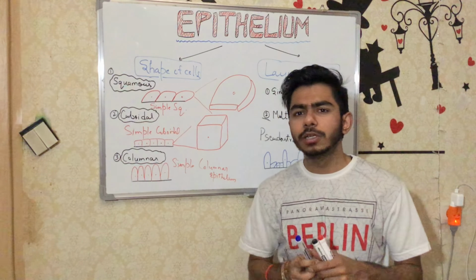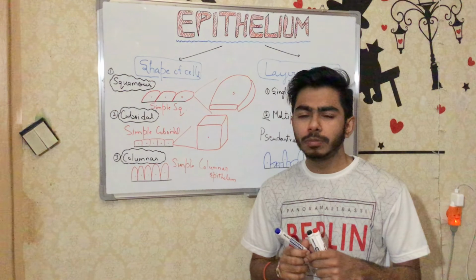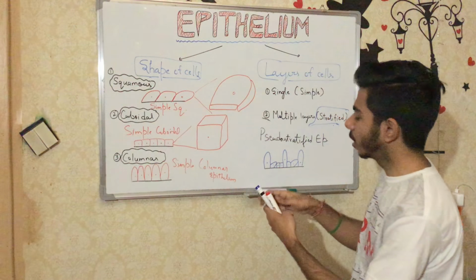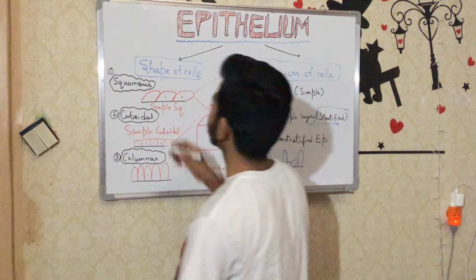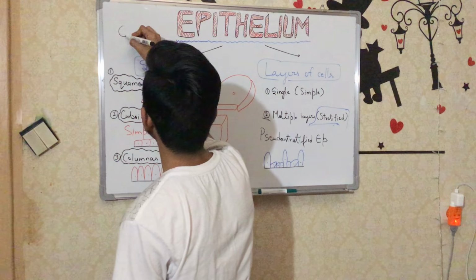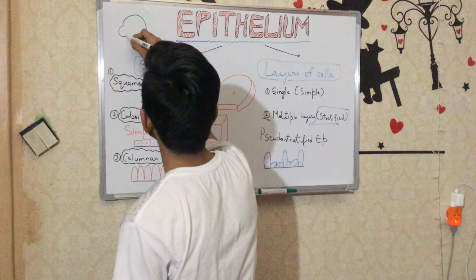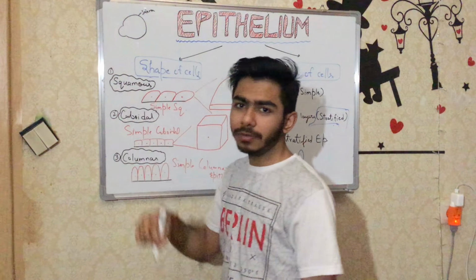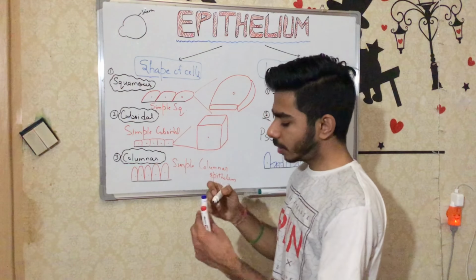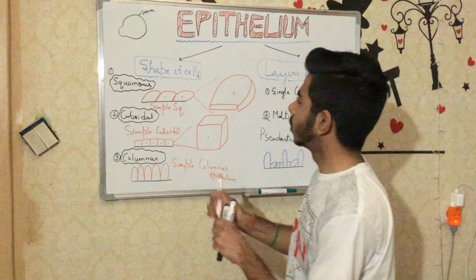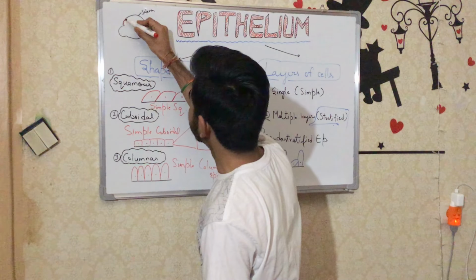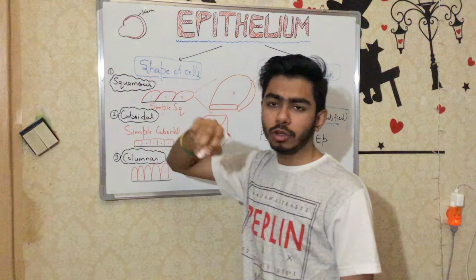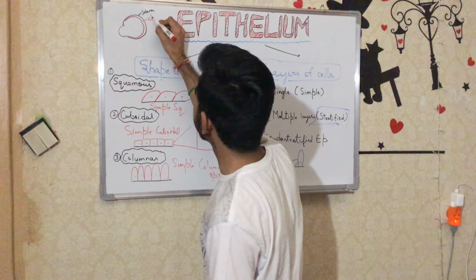Also, if you go into the eye, just for the sake of understanding, here we have the cornea and here we have the eye. This is the outer layer, the sclera, and inside it, when you study ophthalmology, you will study there is a layer which is the choroid.